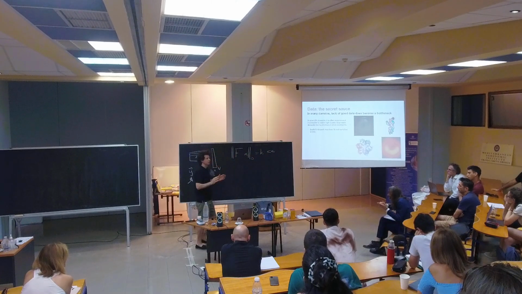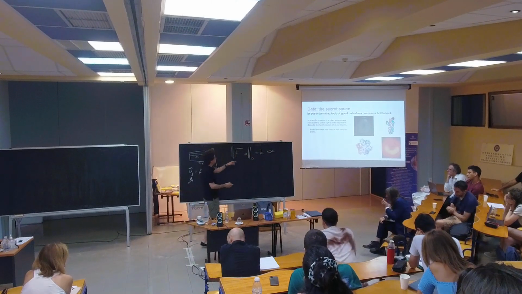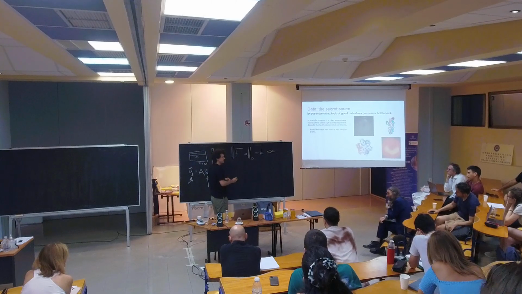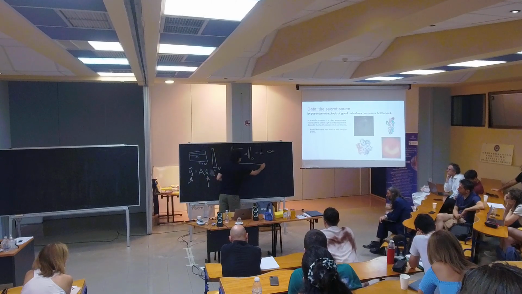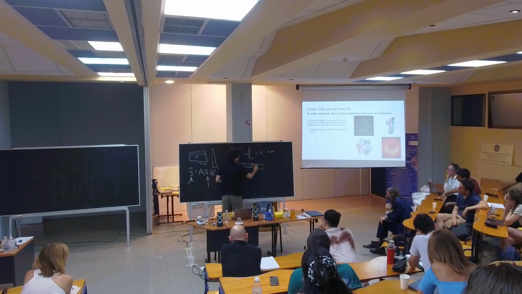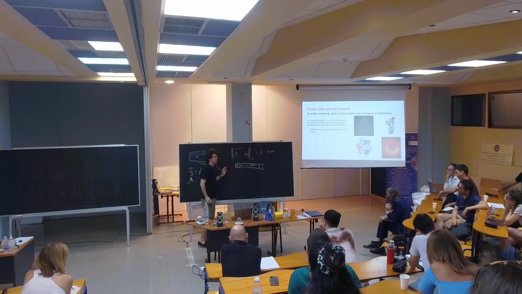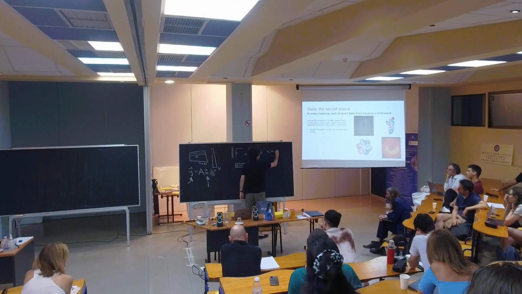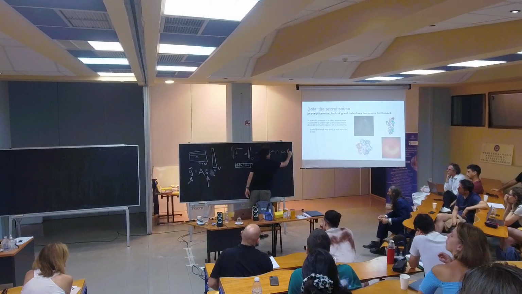So you assume that the Fourier transform of your signal is a vector that is a bunch of zeros, and it only has a small number of non-zero entries, like k, which is much smaller than n.